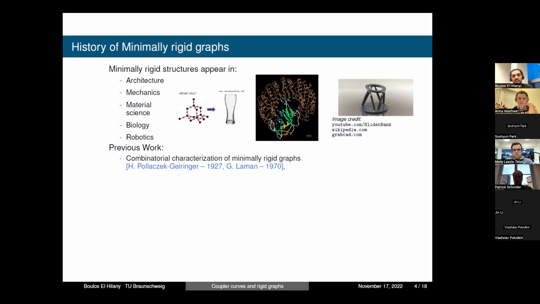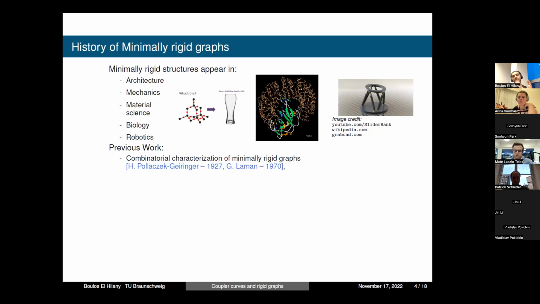What they did is give a formula that relates the number of edges to the number of vertices, as a necessary condition for the graph to be minimally rigid. And they also show that there are some inequalities that each subgraph has to satisfy.